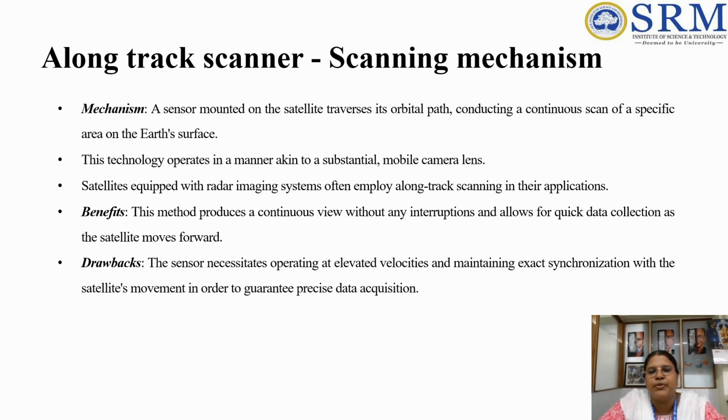This produces a continuous view without any interruptions and allows quick data collection as the satellite moves forward. Even this scanner can be used on a larger scale to collect the data as a whole.